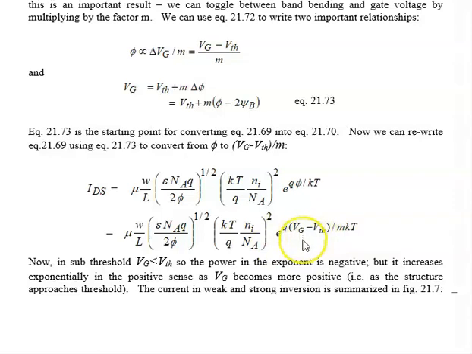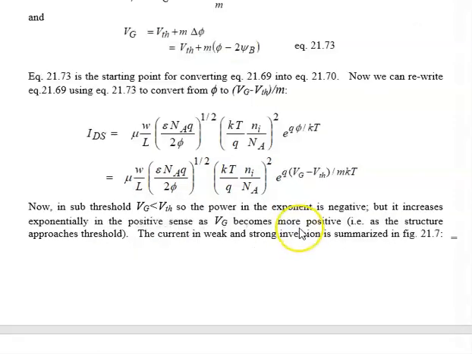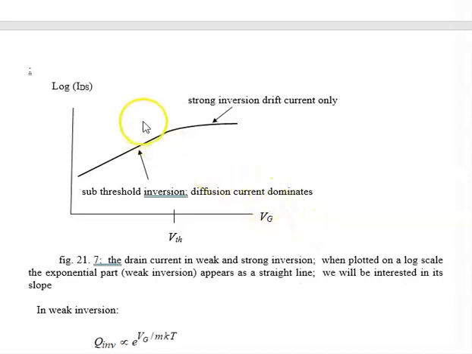However, the point is that when I raise the gate voltage, this term becomes more and more positive, more and more electrons are able to overcome the boundary, and then they diffuse, not drift, to the drain by diffusion current.